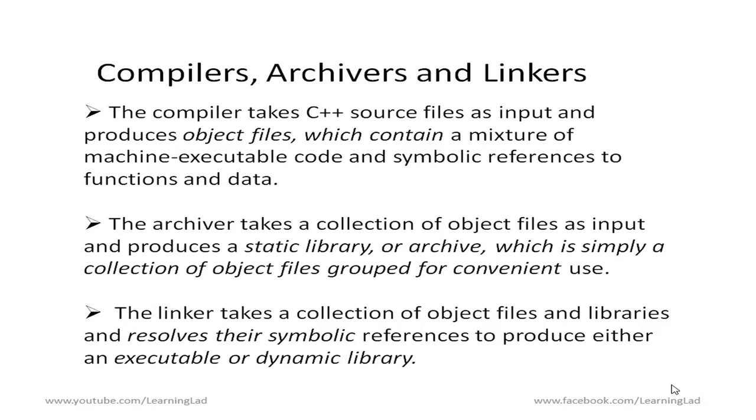So once we have these object files, we pass them to the linker. The linker is going to link them, and whatever symbolic references to the functions or the data we have made, all those references will be resolved and an executable file or a dynamic library file, a DLL file, will be generated.